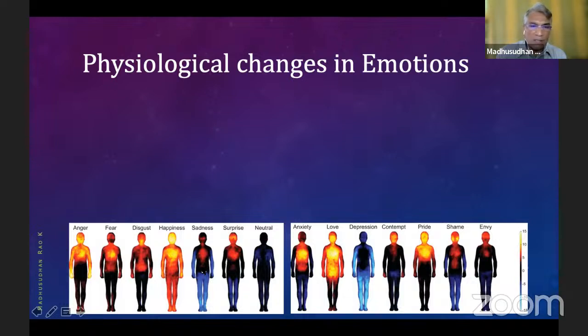See, anger. This is the neutral body, normal. You see my pointer, this is normal. These are the bodily changes occurring in fear, disgust, happiness.